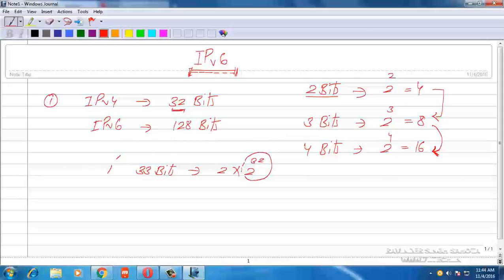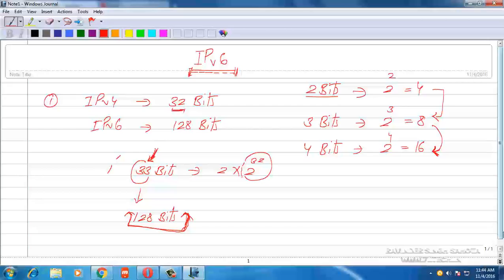And as soon as we increase the bit from 32 to 33, the number of addresses that we will get will be double of IP version 4, right? But the IP version 6 address space is not increased to 33 bits, it is increased to 128 bits, right? So it is difficult to even imagine how many addresses we will get in IP version 6, right? All I can say is that this is much bigger than IP version 4.